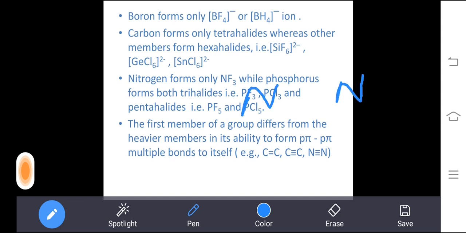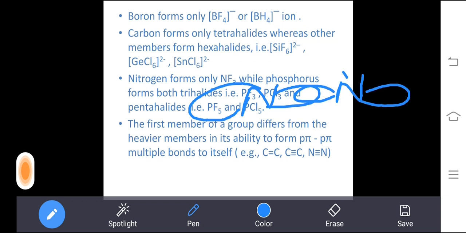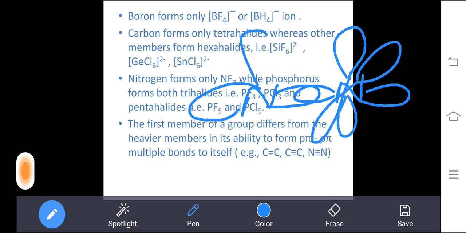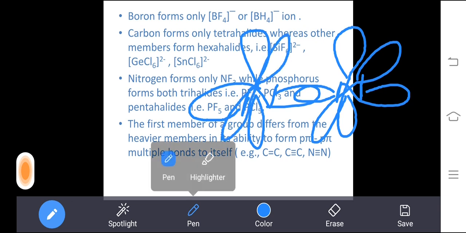In the sp hybridization, you can see nitrogen sp hybridization. As we know, in the sp hybridization the outermost electrons in nitrogen will be 3.